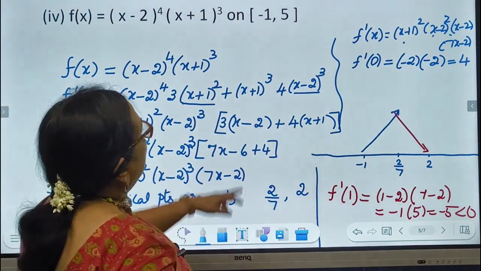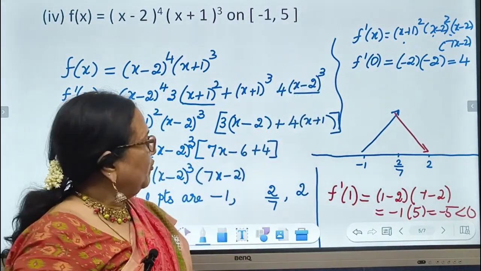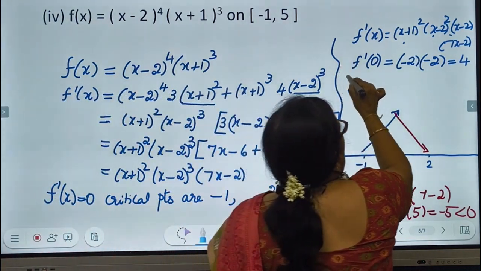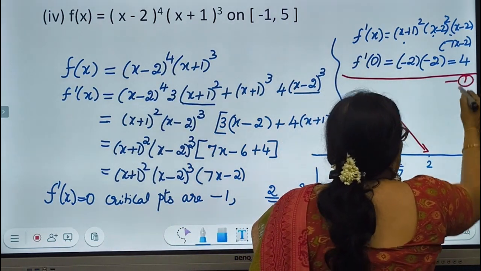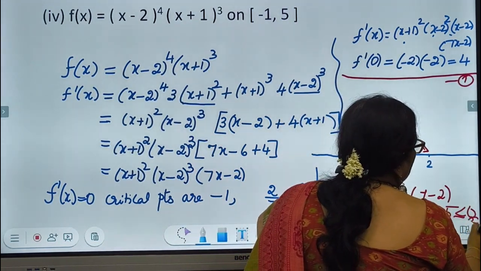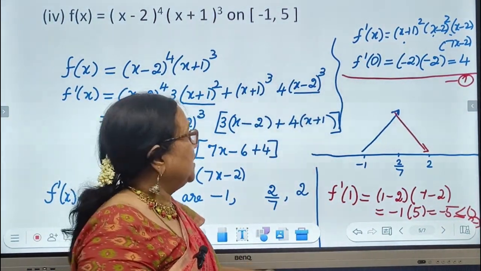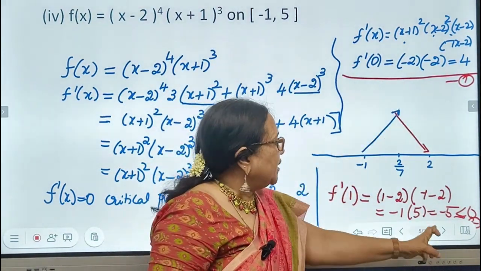What happens beyond 2? Because we are given the closed interval -1 to 5. So I have found f'(0), I have found f'(1). This is the information that I am using to conclude that this is increasing, this is decreasing.